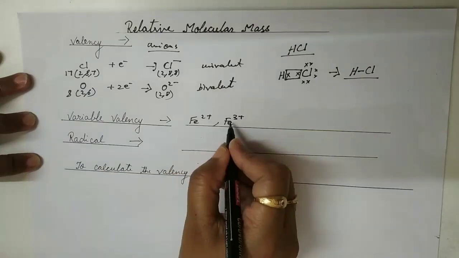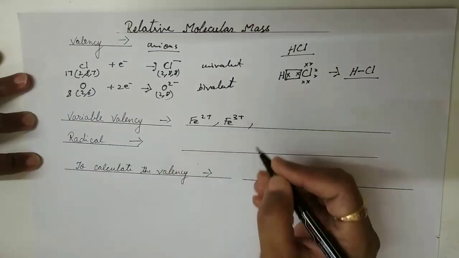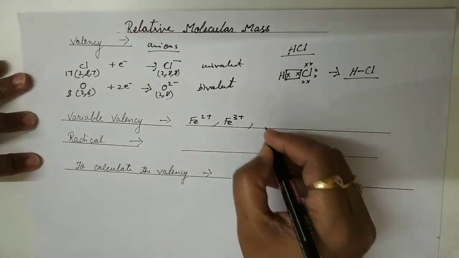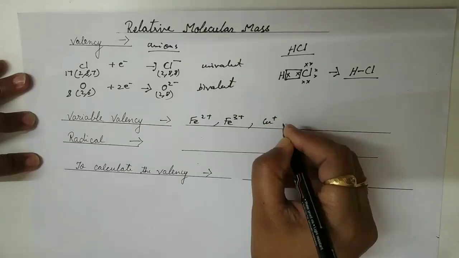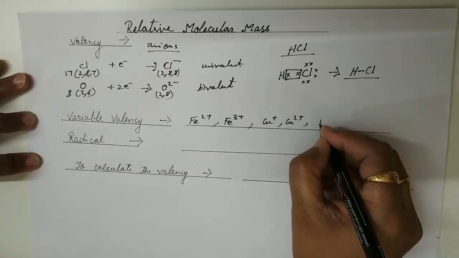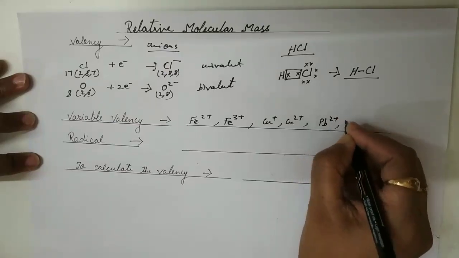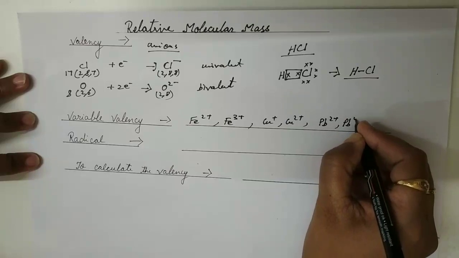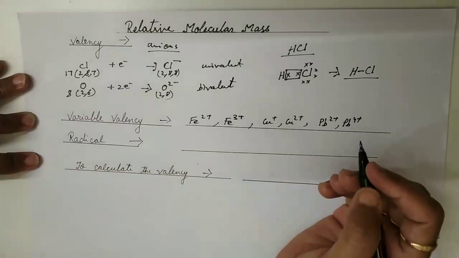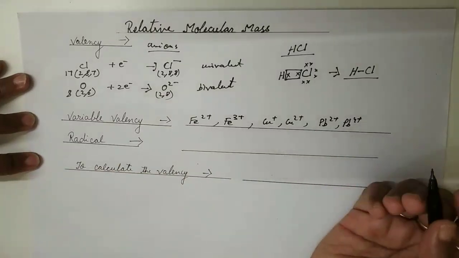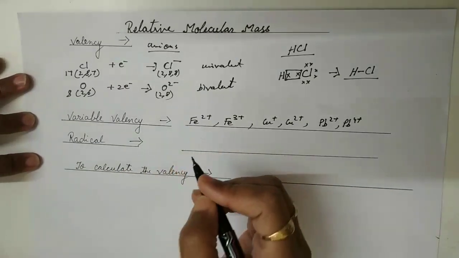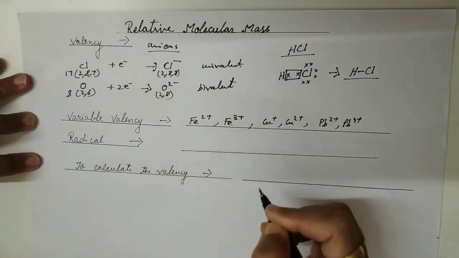Ferrous, ferric, you have cuprous, cupric, you have plumbous, plumbic, like cuprous, Cu+, Cu2+, plumbous, plumbic, Pb2+, Pb4+, tin, stannous 2, stannic 4. So there are some which are having 2 valencies. You have learned it, children, last year. You just need to revise a little.